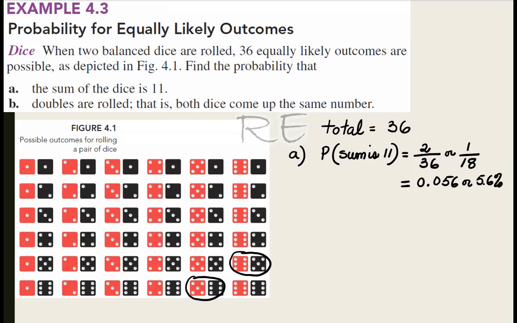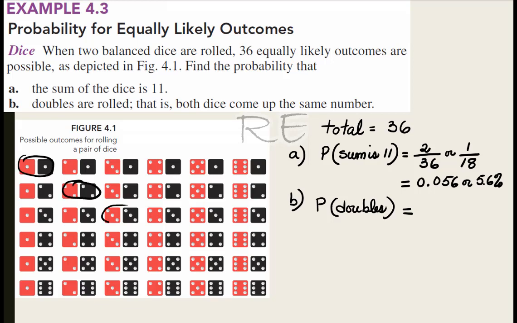And 1 over 18 as a decimal is 0.056, which is 5.6%. Well, B asks us for the probability of rolling doubles. Doubles means that both dice come up with the same number. We have 1 1 double, 2 2, 3 3, 4 4, 5 5, and 6 6, the diagonal.